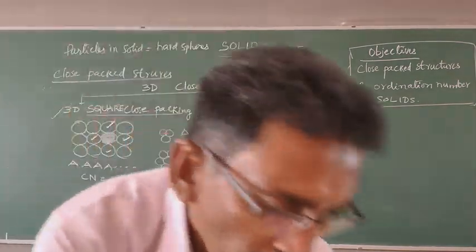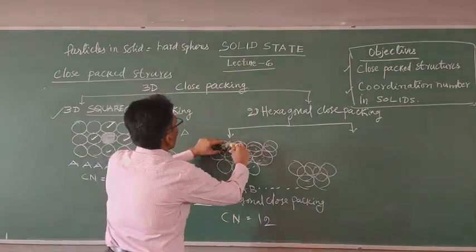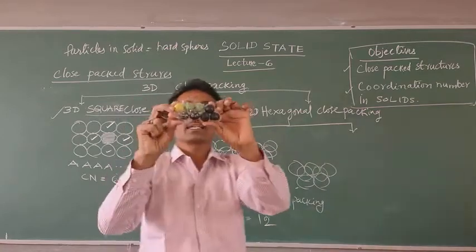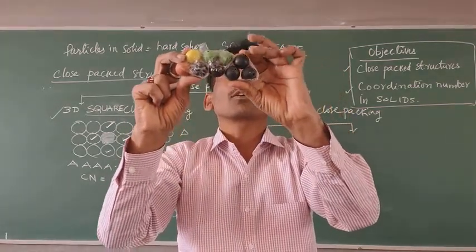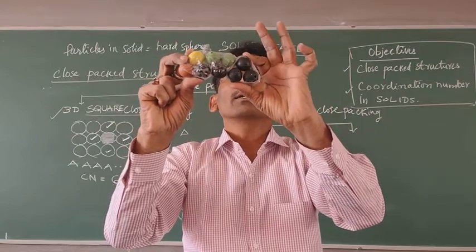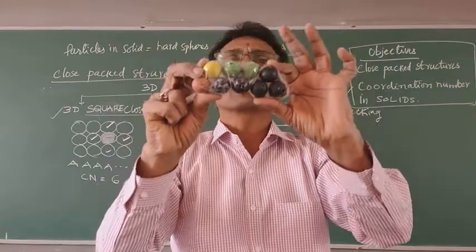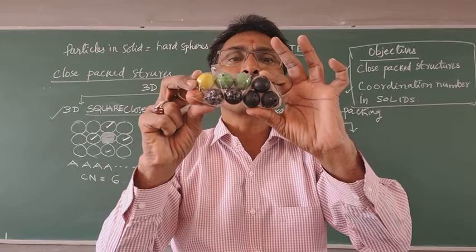See the arrangement here. The arrangement I am showing is like this, dear students. Clear? This is called a triangular void. Not all triangular voids are exactly covered by the next layer. Some are occupied, some are not occupied.